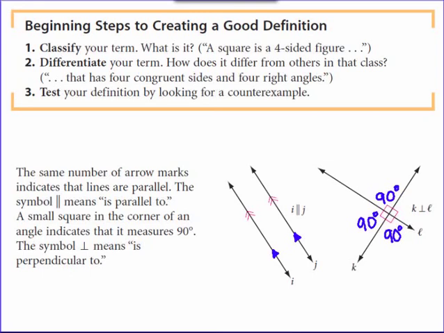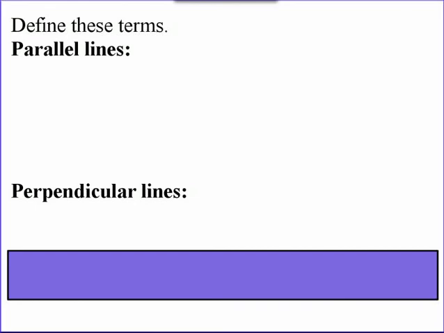All right, so what we're going to do is define the following terms. Parallel lines. What can you tell me about parallel lines? They run forever, run straight, and never cross. Okay, so first of all, we know they're never going to cross. What else do we know about parallel lines? They never end. Okay, what else?